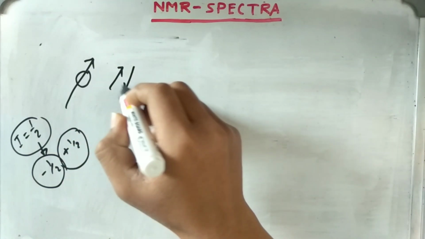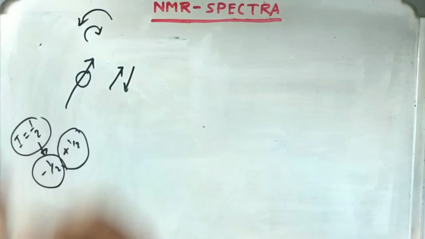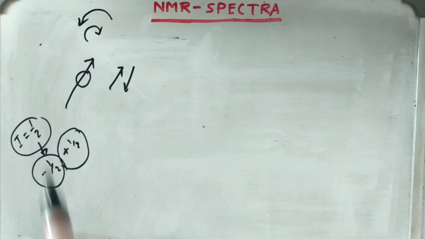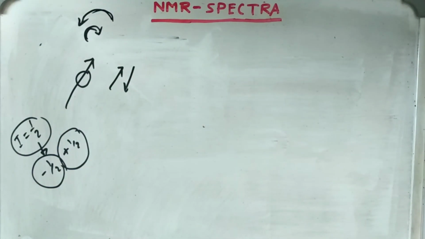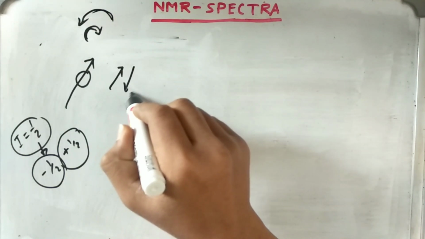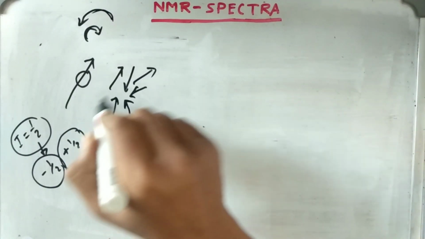Up spin means the nucleus rotates in this direction. If this direction is up spin and this is down spin, then in the absence of any externally applied magnetic field, the rotation is random, so it may rotate in any of these directions.